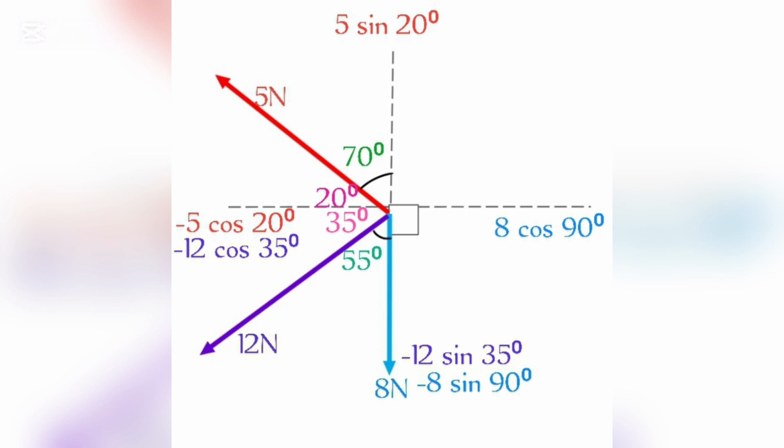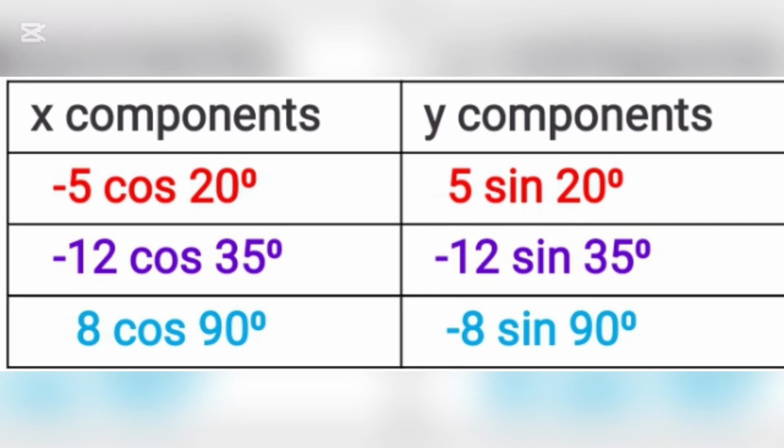We won't take the negative side. We will take the positive side. We get our table, we put it on a table, the x component and the y component. Horizontally, for the x component, we will start with minus 5 cos 20 degrees.